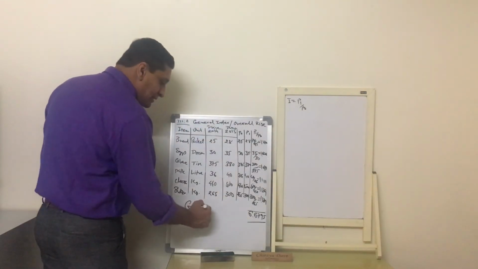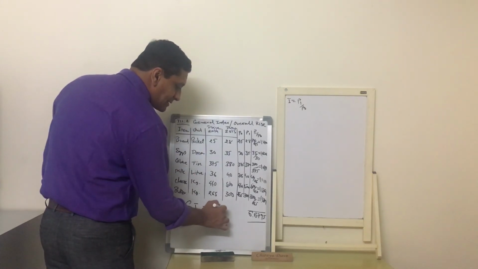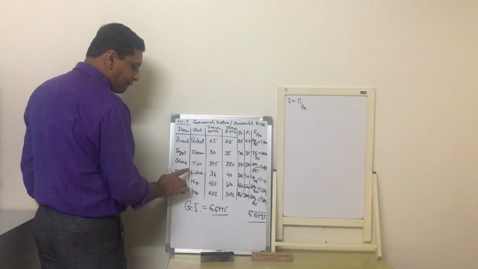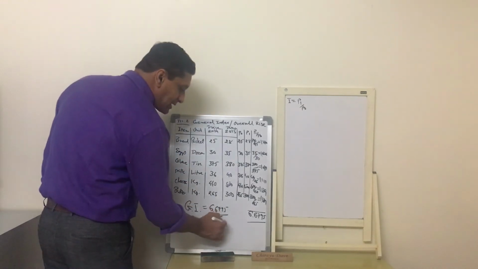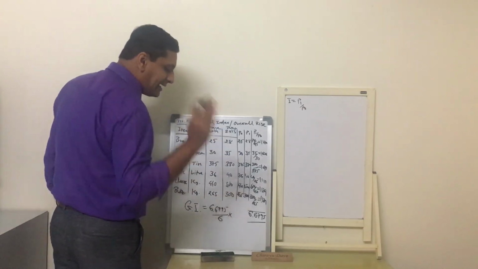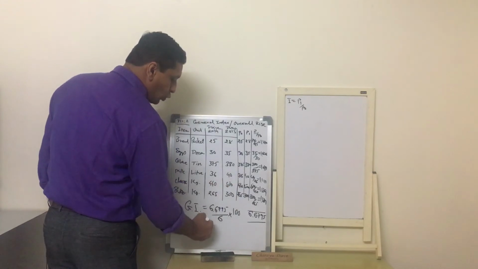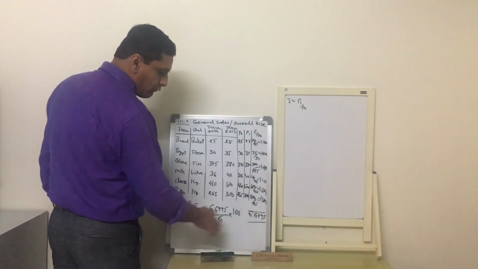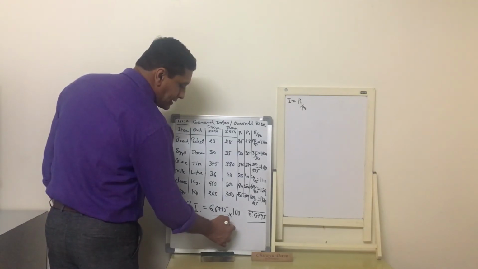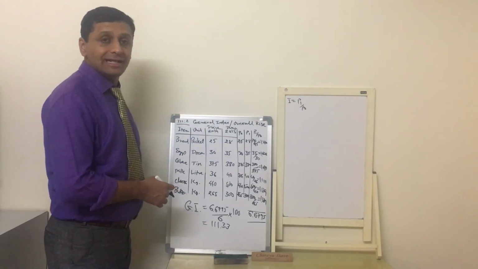So check it. What is the general index? General index is 6.6795 divided by how many items? 1, 2, 3, 4, 5, 6. Number of items are 6. So it is your mean, into the final number 100. You remember 100 is shown as a percentage. If you find the answer, it's 111.33. 111.33 is the general index number.